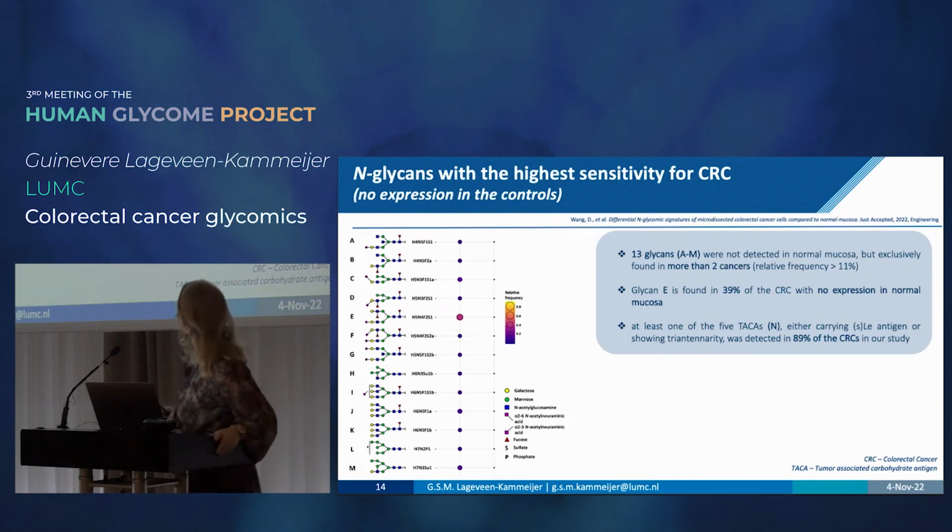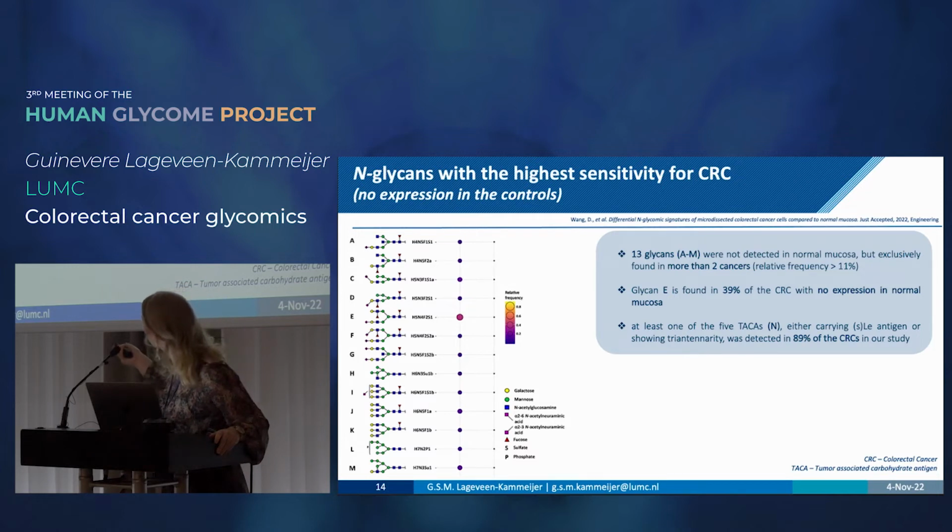13 glycans were not detected in normal mucosa, but appeared in at least 2 of our cancers. And then glycan E, the diantennary, appeared to have the highest sensitivity with a frequency of 39% and no expression in normal mucosa.